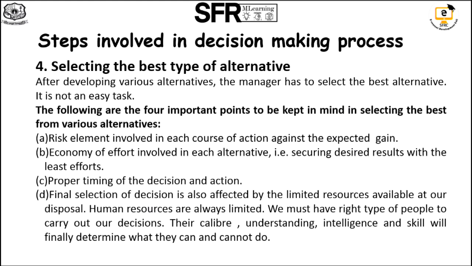Number two, economy of effort involved in each alternative, that is securing desired result with the least efforts. Number three, proper timing of the decision and action. Number four, final selection of decision is also affected by the limited resources available at our disposal.